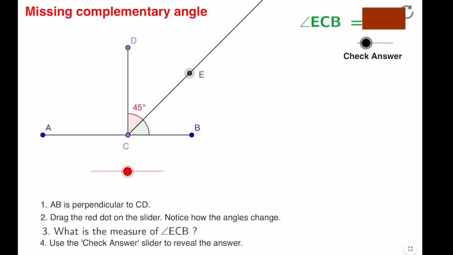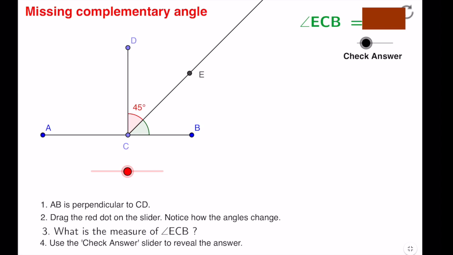Well, if you're following me, it says AB is perpendicular to CD. See, so number one on the bottom, line segment AB is perpendicular to CD. And that's very important to know, because if it's perpendicular, we know it's 90 degrees. It forms a 90-degree angle, but we only know part of that.